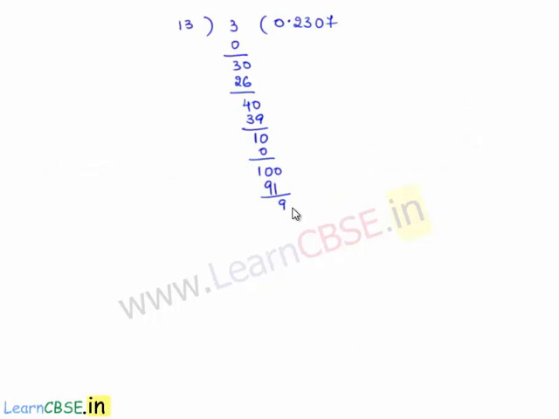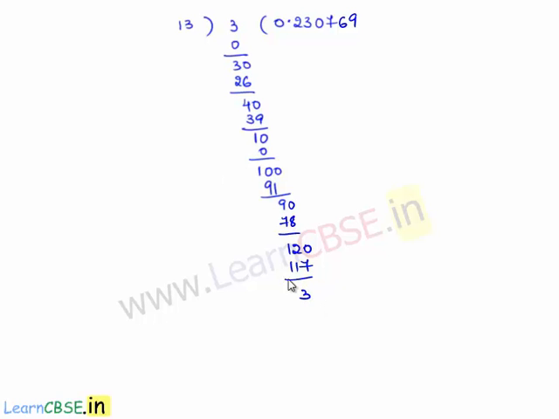So because of the decimal point, 9 becomes 90. 13 goes in 90 6 times, as 13 times 6 is 78, and we are left with remainder 12. Because of the decimal point, 12 becomes 120, and 13 goes in 120 9 times, as 13 times 9 is 117, and we are left with the remainder 3.